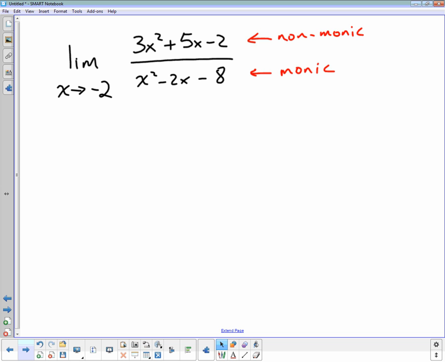Now, a lot of people have a lot of trouble factoring non-monics.